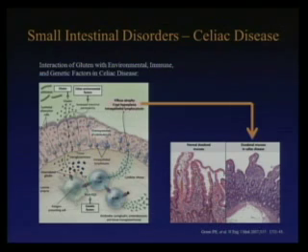What happens next is that antigen then gets presented to CD4 T cells, which activate a cytokine release, further damaging the intestinal villi of the small intestine, as well as activating B cells to produce antibodies to gliadin. This results in the development of villus blunting and a large degree of inflammatory component within the small intestine compared to a normal patient on the right, where the villi are nice and long and healthy.